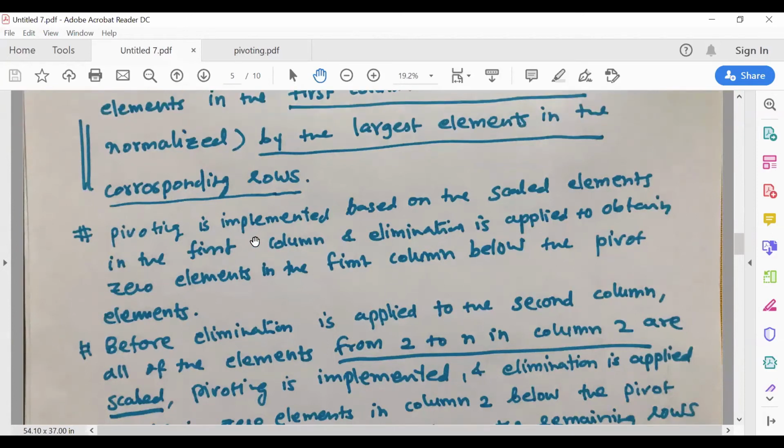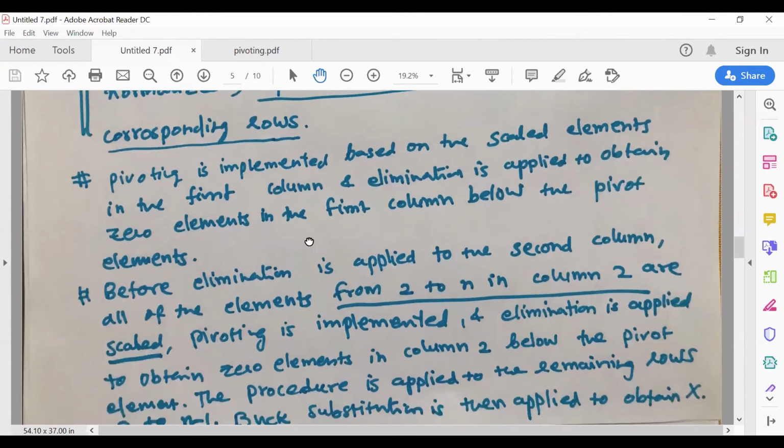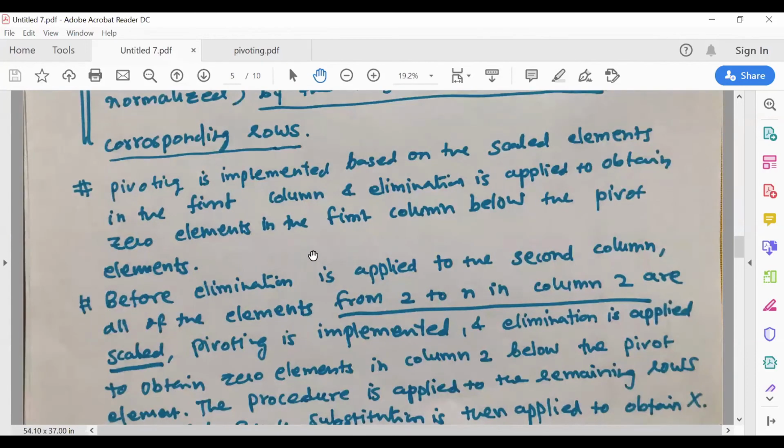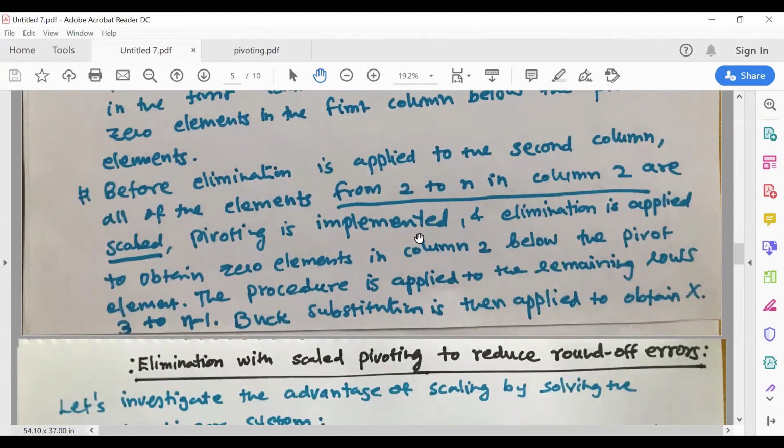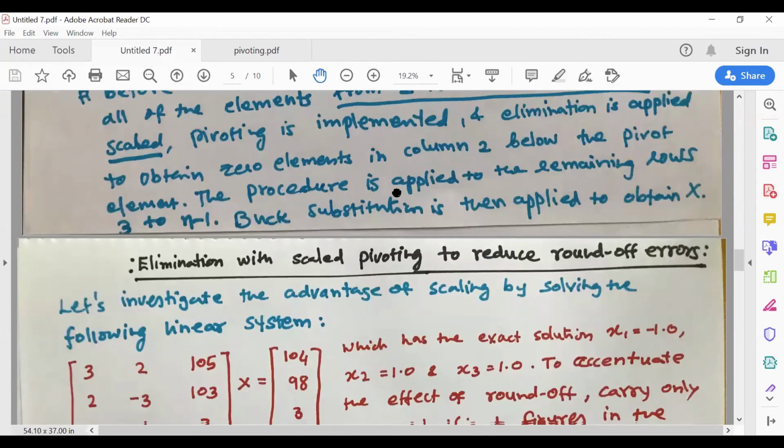The last point is that pivoting is implemented based on the scaled elements in the first column, and elimination is applied to obtain zero elements in the first column below the pivot element. So once you do scaling, you can do pivoting, and then you can solve your problem.